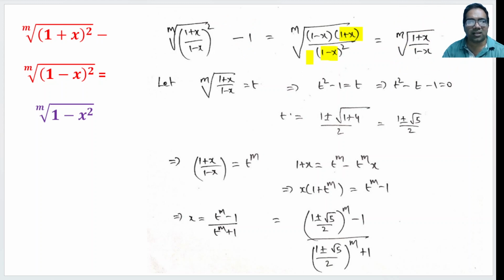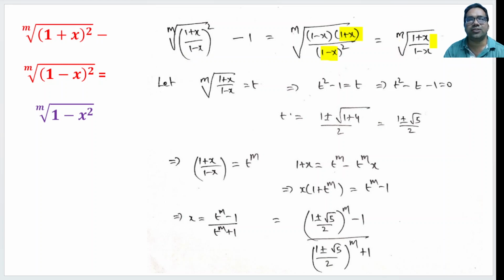Now how do we convert this into a quadratic equation? Look at this term: the m-th root of (1 plus x by 1 minus x) whole square. Whether we read the 2 first or m first, it doesn't matter; ultimately it is the m-th root of 1 plus x by 1 minus x whole square.